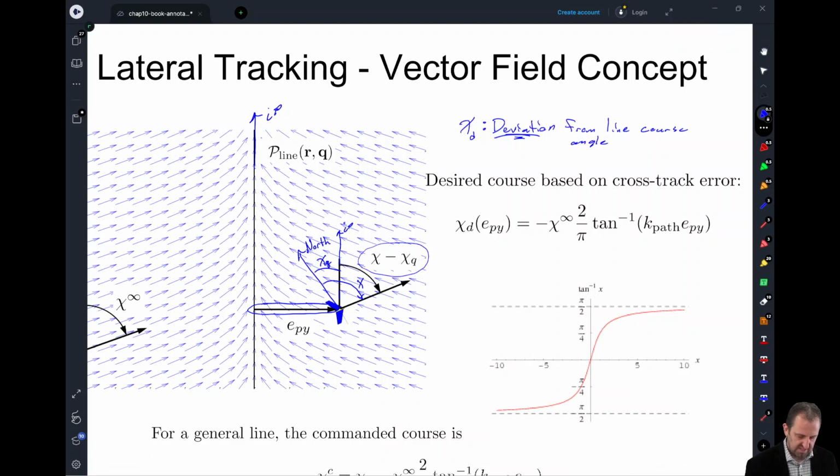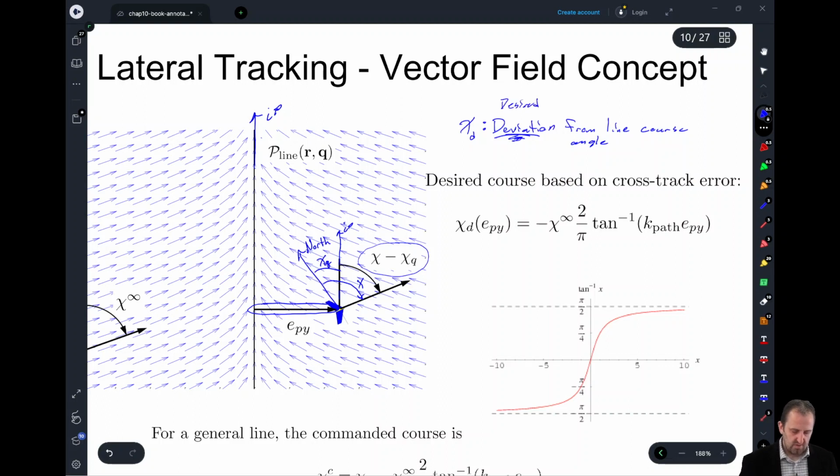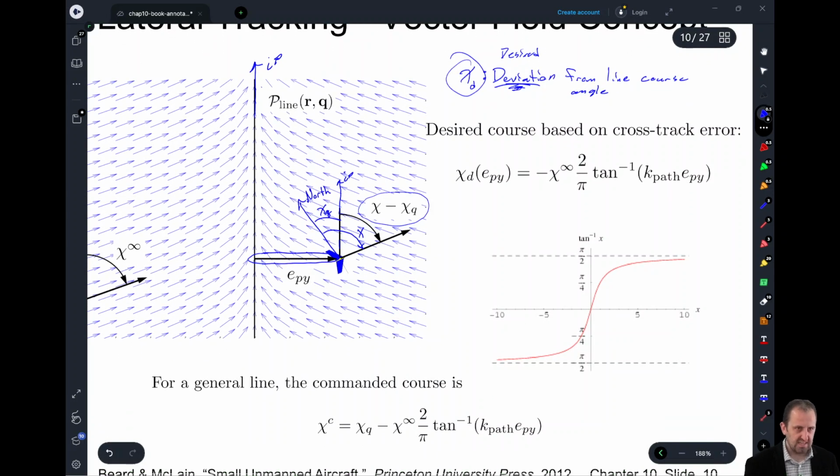This is maybe a desired deviation. So we need to design this guy such that we can actually follow it, and that'll take us along to the path.